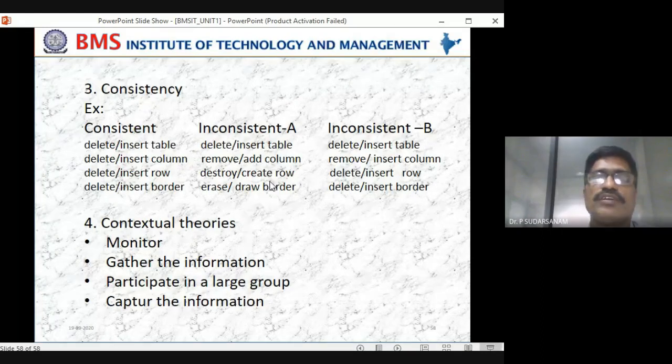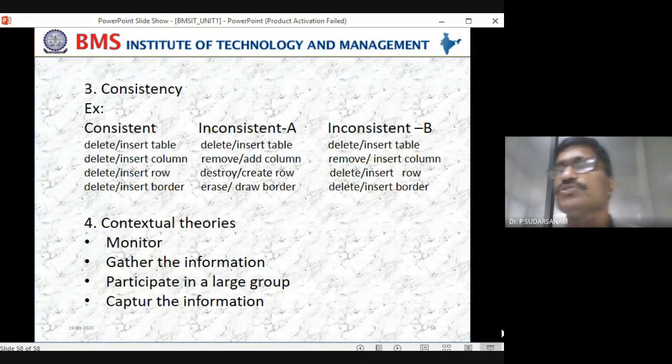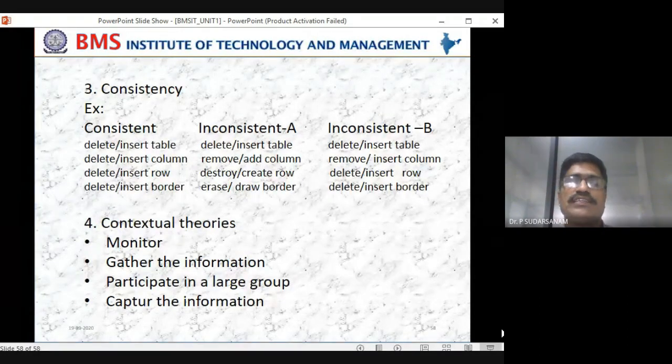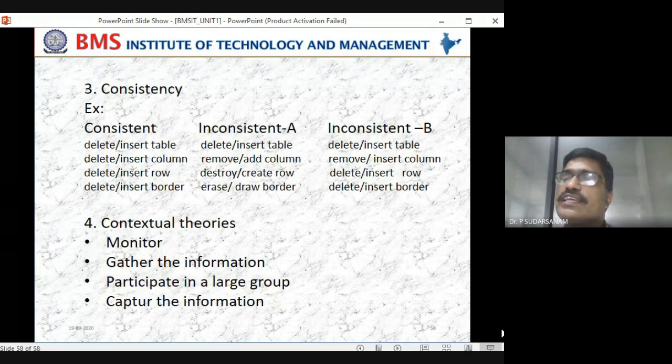That means the words you are using here matter. When you want to delete from the table, you have to use consistency of the words. Whenever you are developing programs, as you have seen in DBMS, insert the table means insert only, and delete the table means delete. The meaning may be the same for removing, destroying or erasing, but you have to use consistent words.